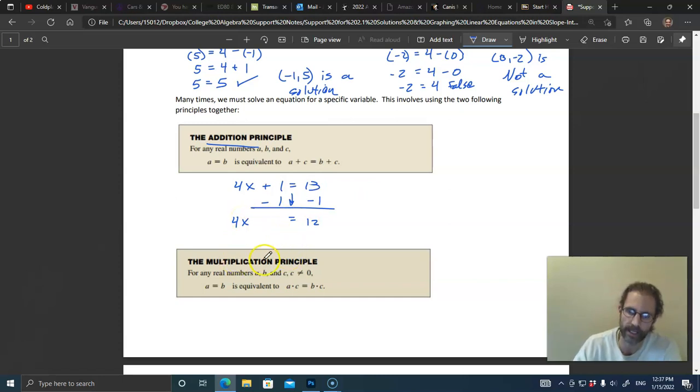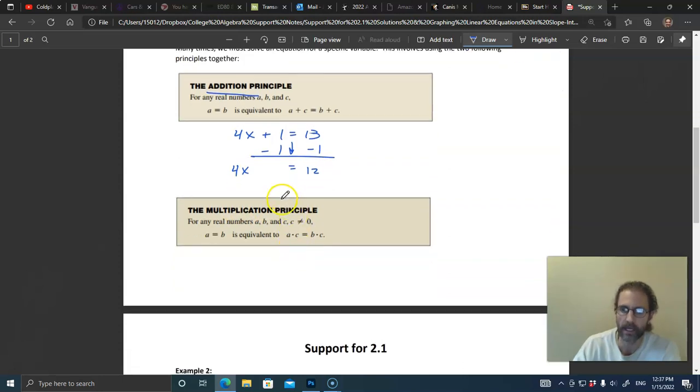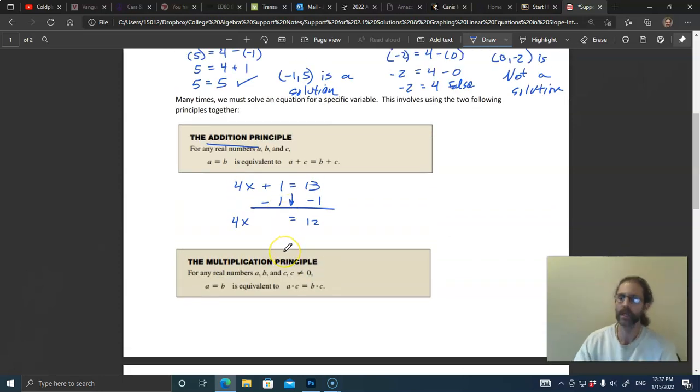So that's where this next principle comes in, the multiplication principle. It basically says that we can multiply or divide both sides of the equation by any number. Okay? But you've got to be judicious here. So if we're trying to finish this out, we've got 4x is equal to 12. Well, this 4x right here actually means 4 times x.